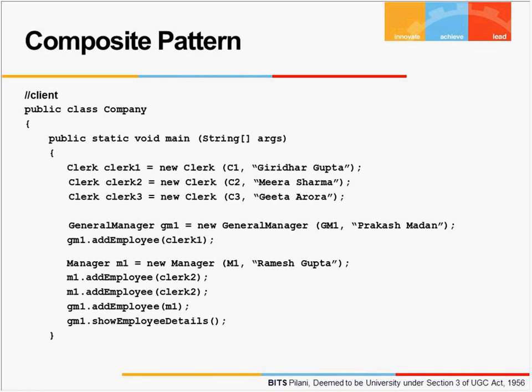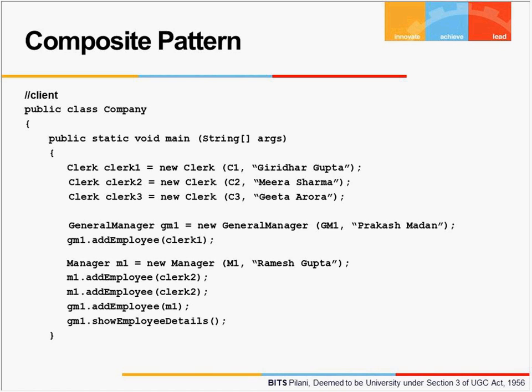We need to first actually create a CEO class that implements the employee. In our case, CEO would be a composite class which will be able to include atomic objects inside it. And then you will be able to create the object of the CEO class in the company class.